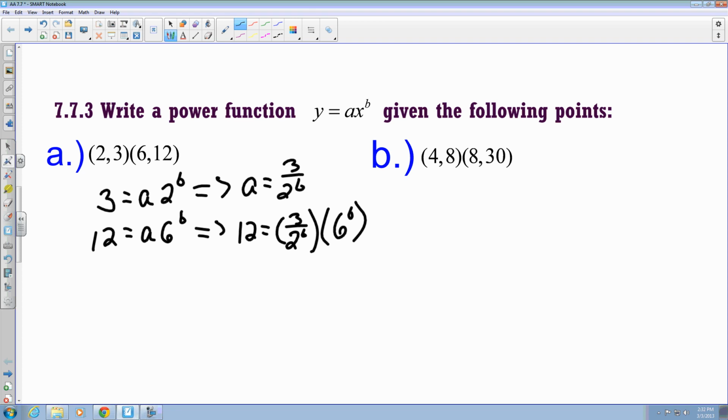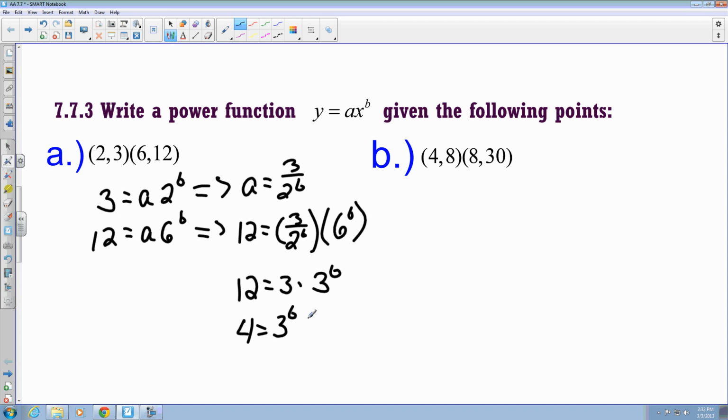These are like terms here, so 6 to the b power divided by 2 to the b power ends up making this 12 equals 3 times 3 to the b power. Dividing both sides by 3, that gives me 4 equals 3 to the b power.